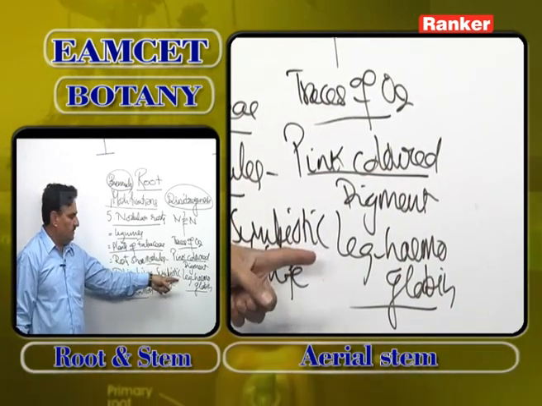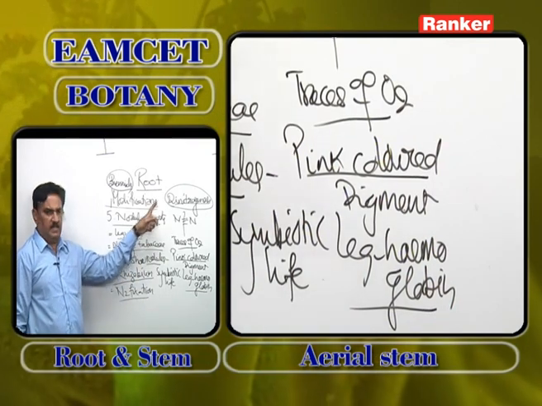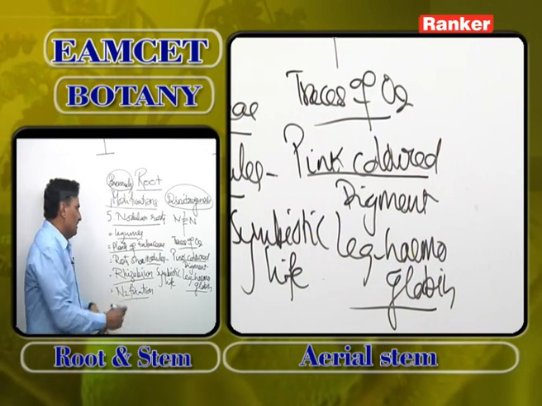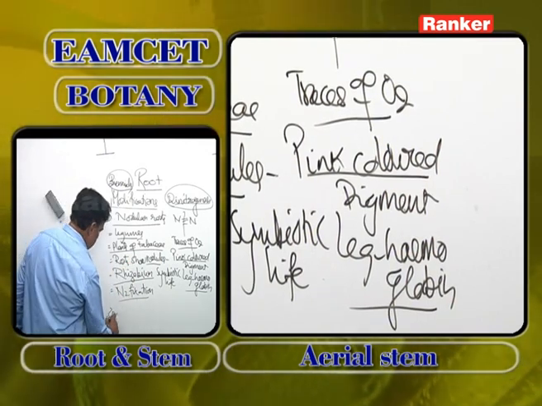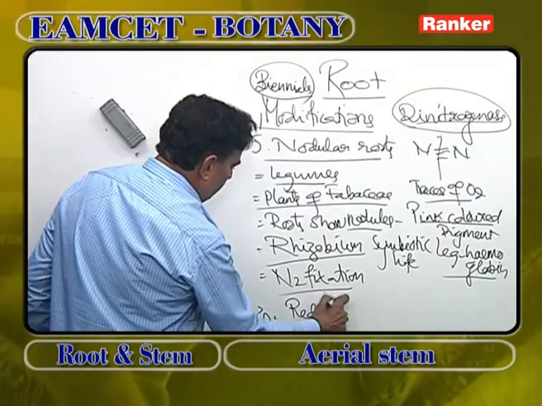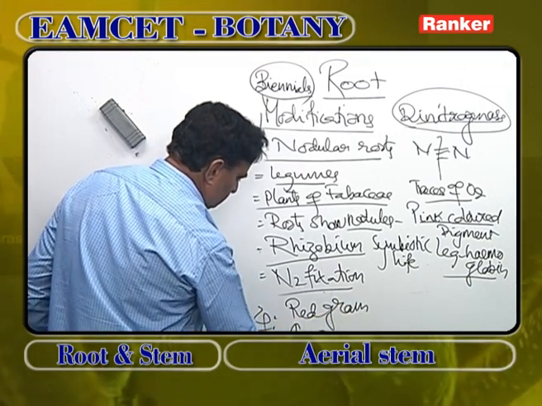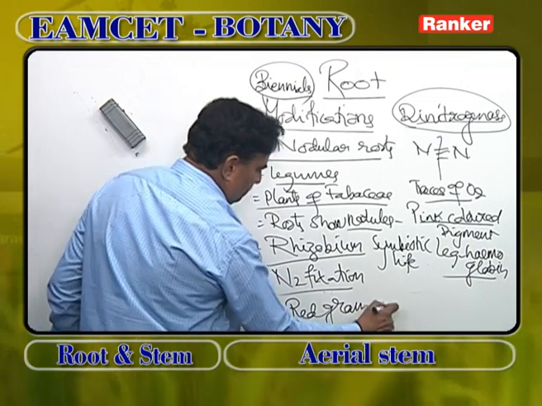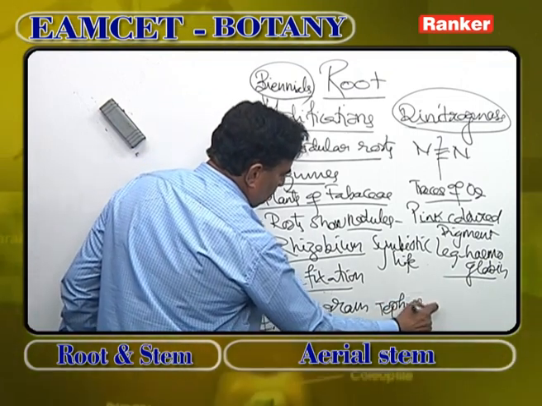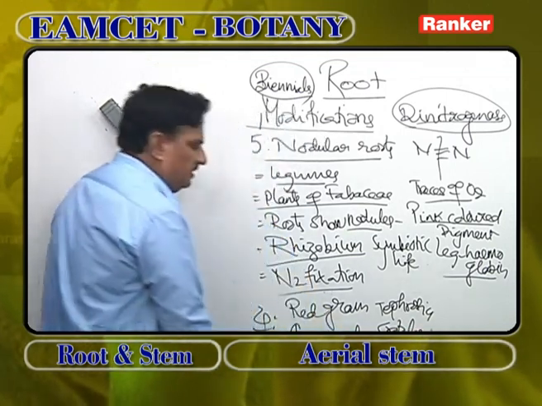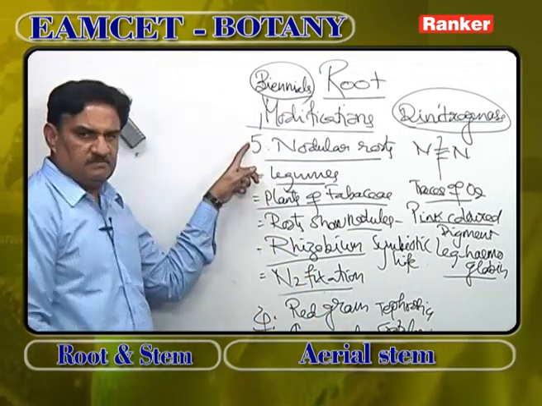It protects the dinitrogenase from the toxic effect of oxygen. Examples: red gram, almost all grams, groundnut, Tephrosia, Crotalaria. Almost the majority of the plants of Fabaceae show nodular roots.